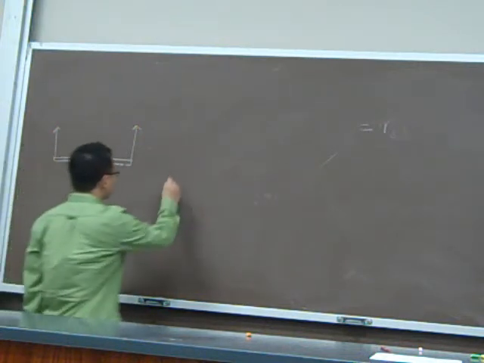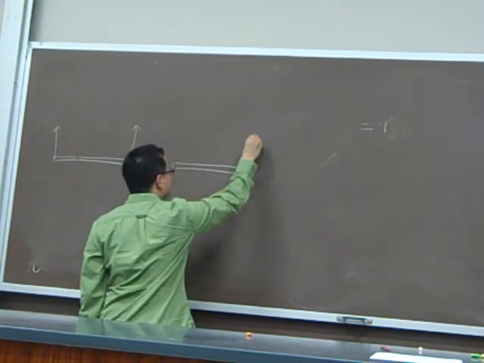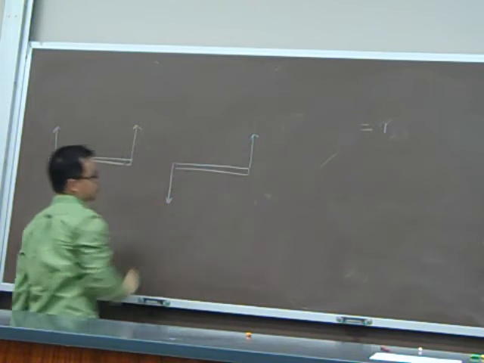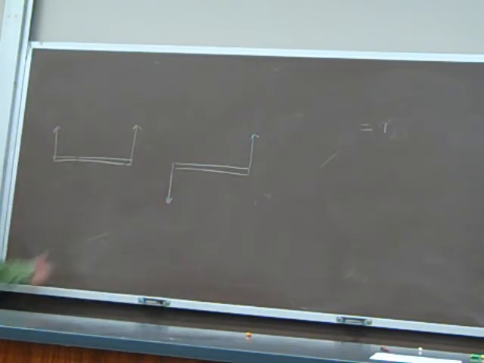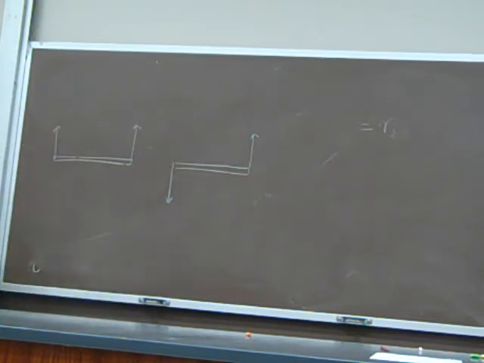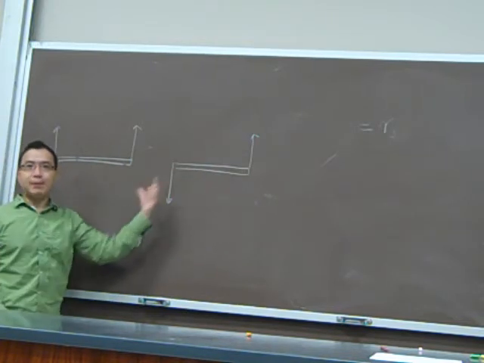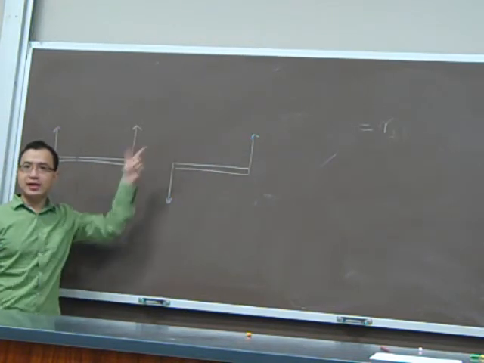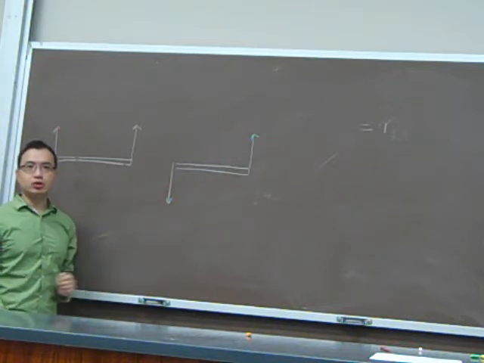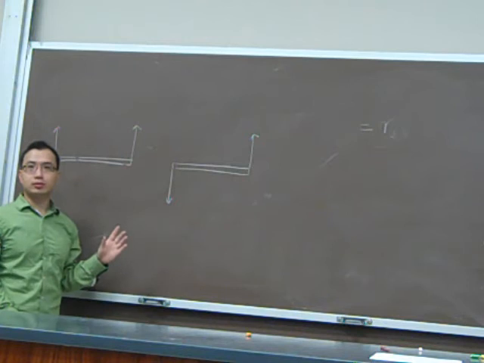Now, if I give you two forces like this, one in this direction, one in the opposite direction, with the same magnitude, then the two forces are balanced. Opposite, same magnitude, so you are not going to produce any translation.